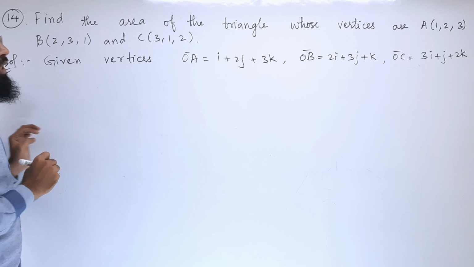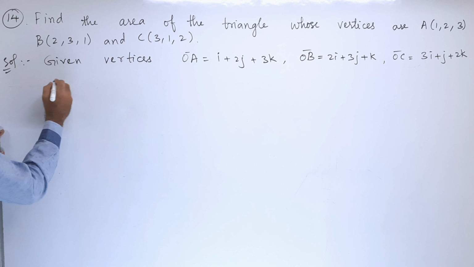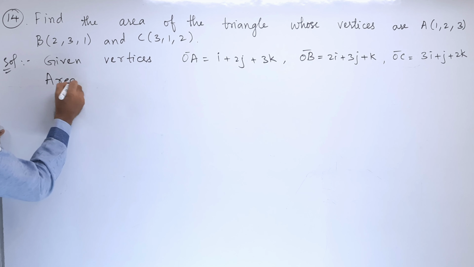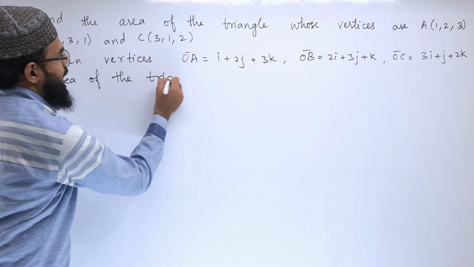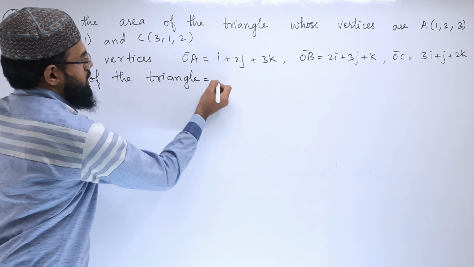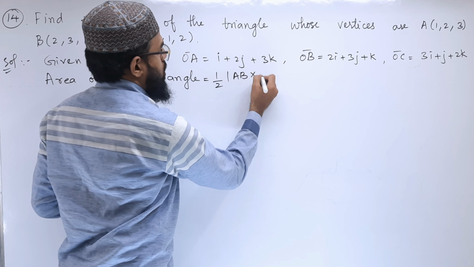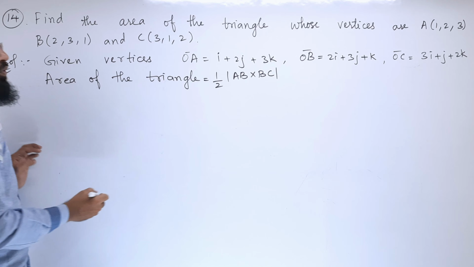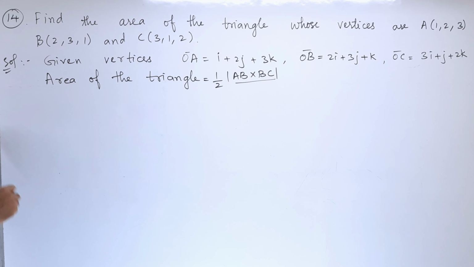So these are the three vectors. We need to find out the area of the triangle. The formula is half mod AB cross BC. So we need to find out this cross product.